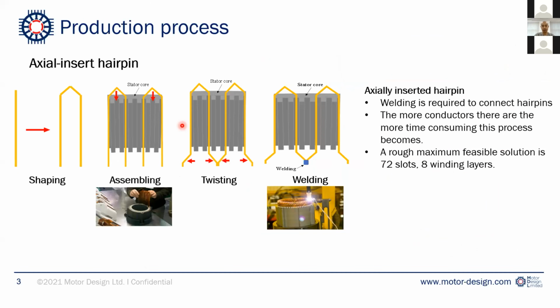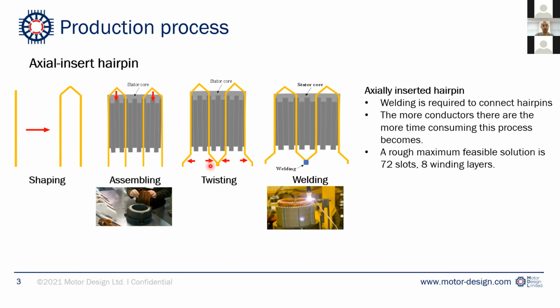Talking about the hairpin winding, we can divide it into two types in terms of the production process. The first one is the axial insert hairpin. The process is like we shape the long copper wire into a hairpin shape, and we assemble the hairpins into the stator slots through the axial direction.